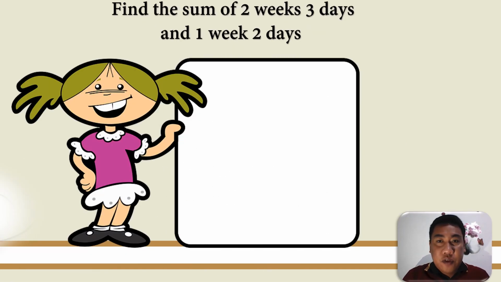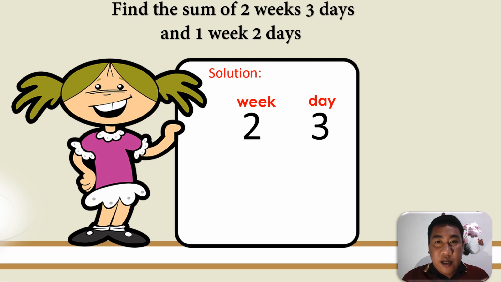Find the sum of 2 weeks, 3 days, and 1 week, 2 days. For our solution, let's write the two units, week and day. And then let's write 2 weeks, 3 days, and 1 week, 2 days, and the plus sign.